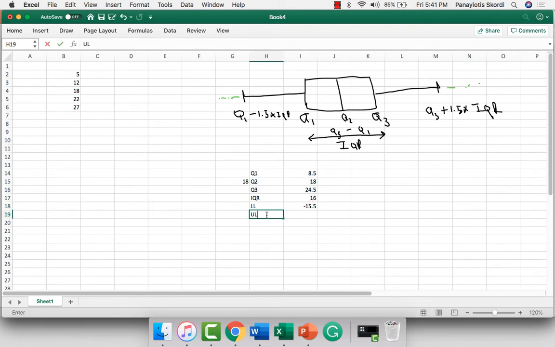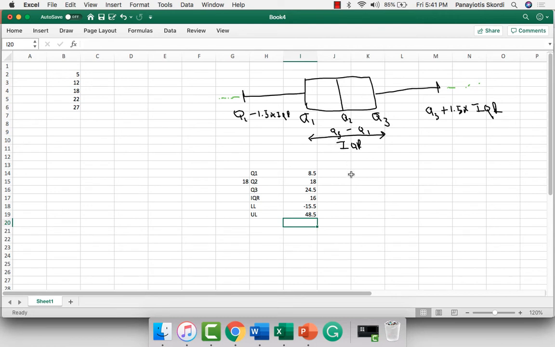The upper limit is going to be equal to Q3 plus 1.5 times the interquartile range. So it's going to be equal to Q3, which is this guy, plus 1.5 times the interquartile range. And so pretty much all the numbers that we need are in here. How about the skewness?